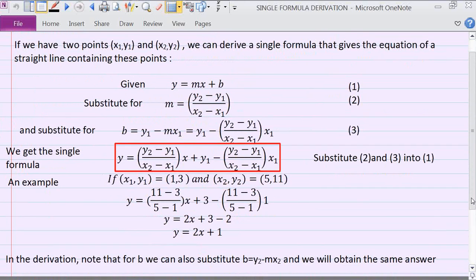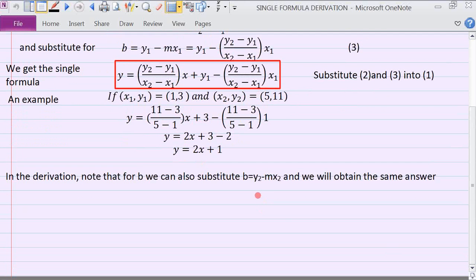And this is just one formula. Now, as I said before, right over here where I wrote y1 minus mx1, I could have written y2 minus mx2, and we'll get the same answer. I mean, the formula would be slightly different, but I would still get this answer right here.